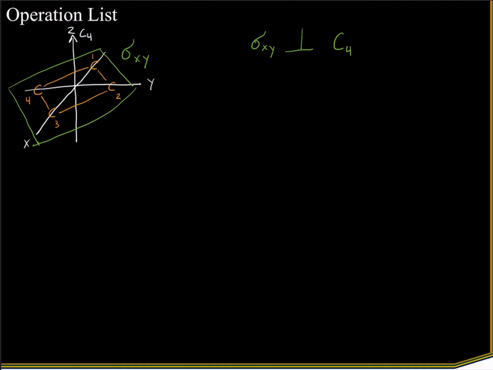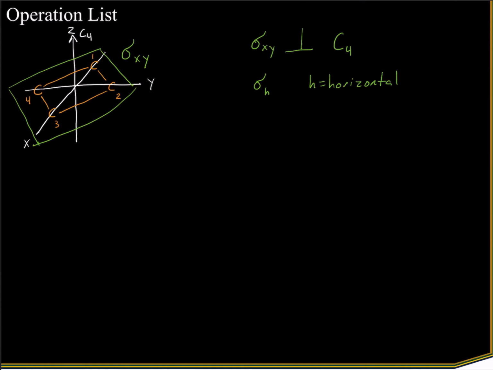When this relationship exists, when our reflection is perpendicular to our principal rotation axis, this gets a sigma h. H you could think of as horizontal, right? That's actually what it does mean. I didn't mean to imply that it wasn't actually horizontal, but we could think of h here as horizontal, meaning if our z-axis is pointing up, and if we look at the floor beneath you, that is what we would consider to be horizontal.